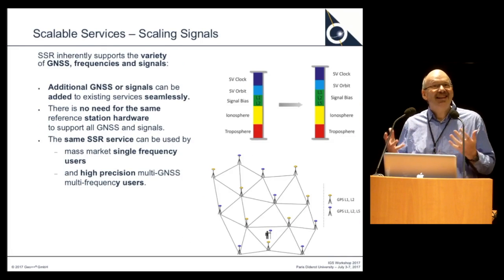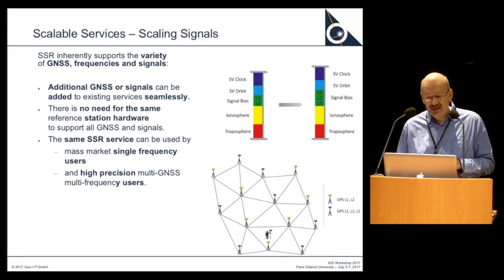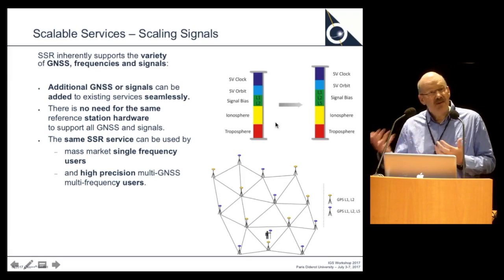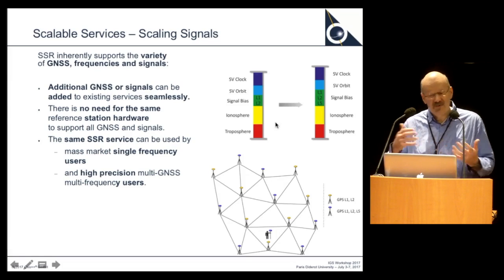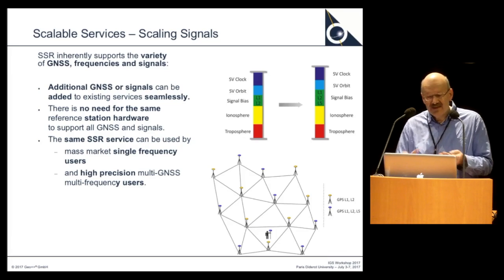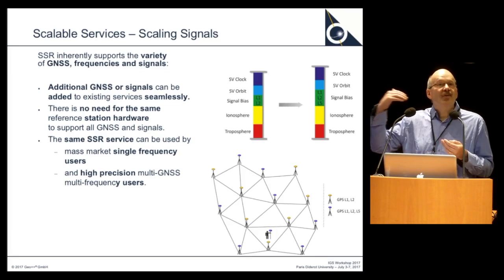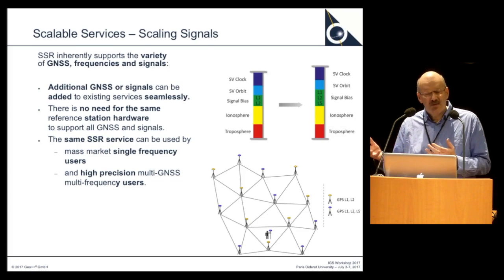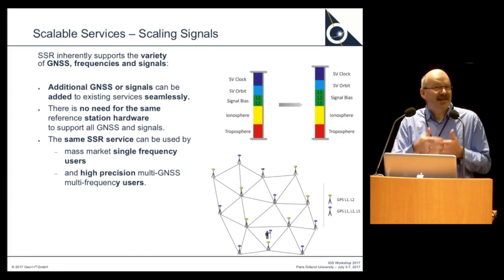Furthermore, a scaling in signals. I put here one example for GPS. You have already clocks, orbit, correction messages, signal biases, ionosphere, troposphere. So you can easily add new signals. For instance, in this case, L5 can be added when you additionally transmit satellite biases for the signal. And other components like the troposphere and ionosphere are basically the same, frequency dependent in some parts, but basically the same for all GNSS.